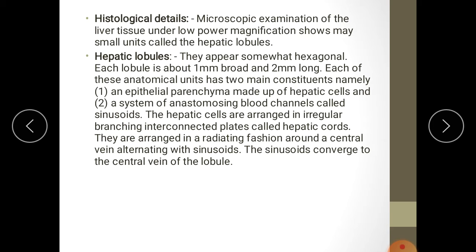Through the sinusoids, blood is moving towards the central vein. The hepatic cells are arranged in irregular branching interconnected plates called hepatic cords. They are arranged in a radiating fashion around a central vein, alternating with sinusoids. The sinusoids converge to the central vein of the lobule.